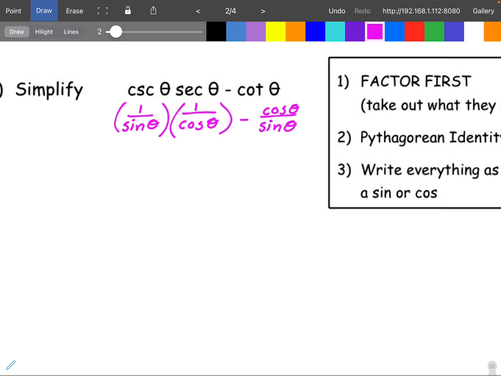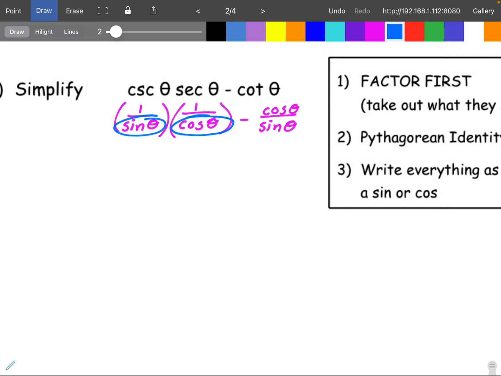Okay, so I have everything in terms of cosine and sine. There's nothing else in that problem now except for cosine thetas and sine thetas. Now I want to think about how I can possibly simplify this down. If I look at this in terms of just fractions, I'm subtracting two fractions, and I have sine theta and cosine theta in the bottom of that first fraction.